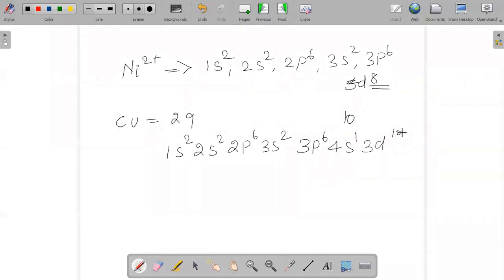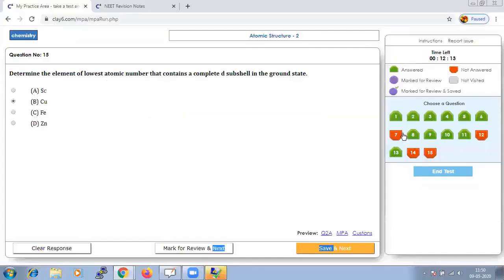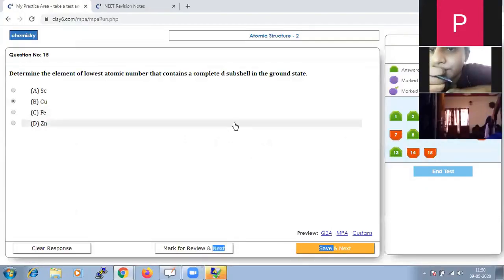So it is due to full-filled stability that we could conclude that copper will always achieve it when an electron jumps to the d orbital, and it is a fully filled stability. Hence you could say that the element with the lowest atomic number, hence our option should be copper.